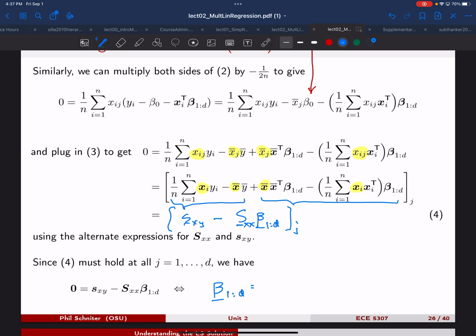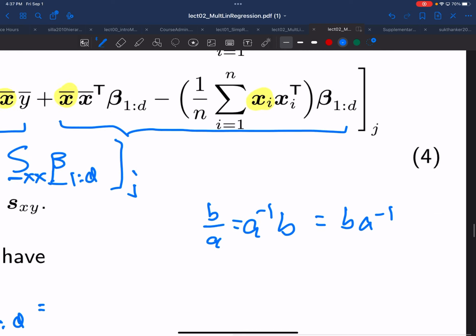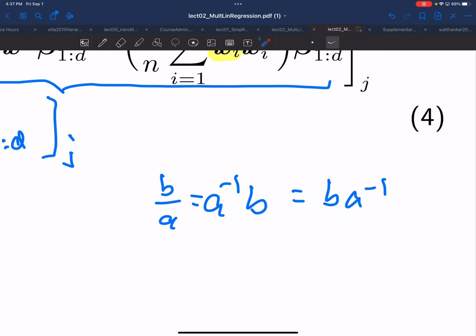Okay, when you say over, what do you mean? Okay, you have to be careful because we have matrices now. So when I have scalars b and a, b divided by a, we can write that as a inverse b, or we can write that as b a inverse, right?